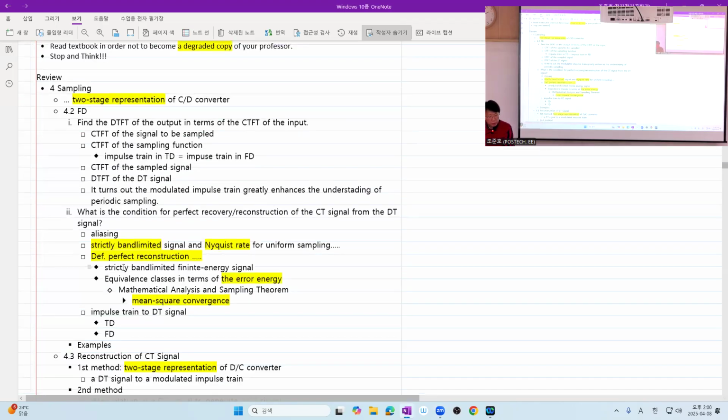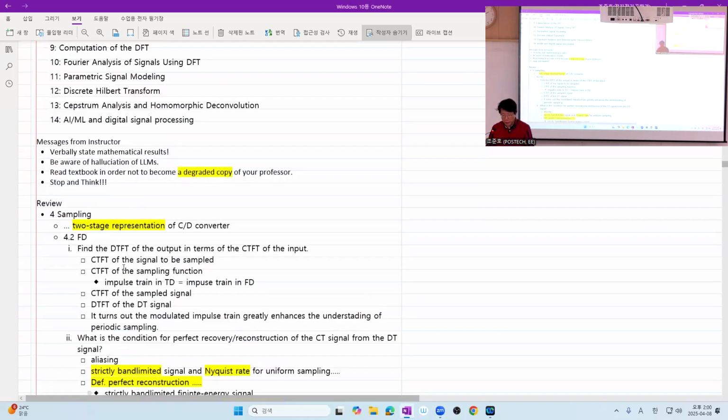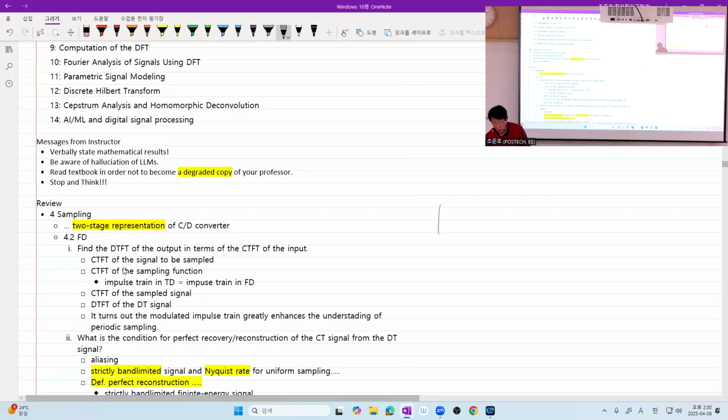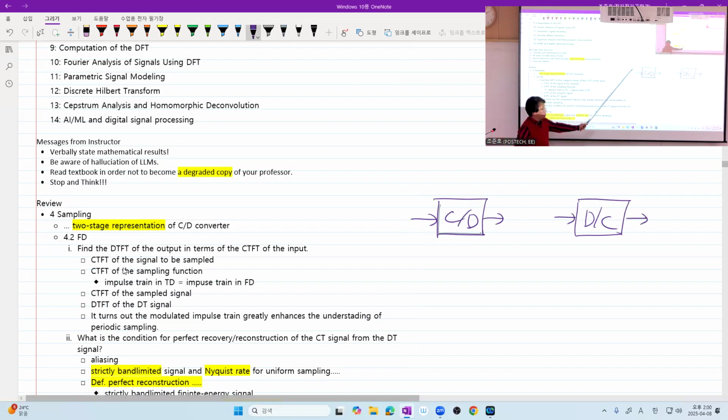Here goes the review of last class meetings. So we were basically studying 2 things. What are they? C2D converters and D2C converters. Here, these are mathematical models.